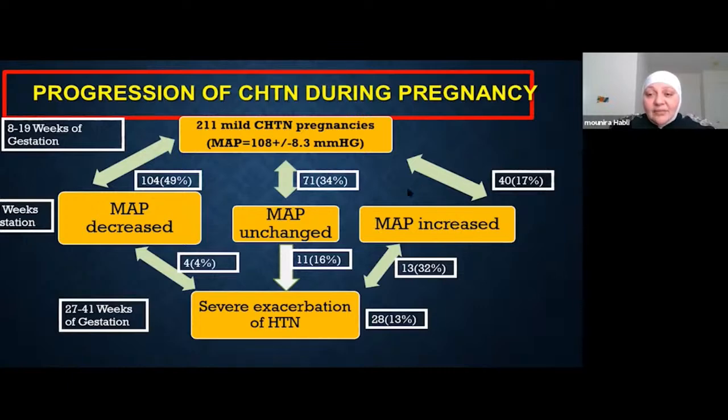The highest risk is if there is an increase in mean arterial pressure during pregnancy: more than 1/3 will develop severe exacerbation of chronic hypertension. If the mean arterial pressure is unchanged, only 16% will develop exacerbation. If it decreased, it's the lowest, only 4% develop exacerbation of chronic hypertension at term.